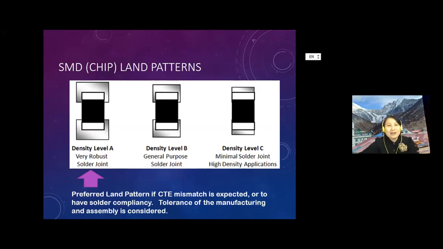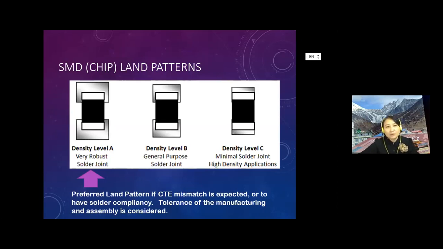In fact, if you do class 3, you might want to do 3A for shock and vibration, because level A will give you a very robust solder joint. It means this particular solder joint has more solder volume on the connection, and it is likely able to withstand shock and vibration.